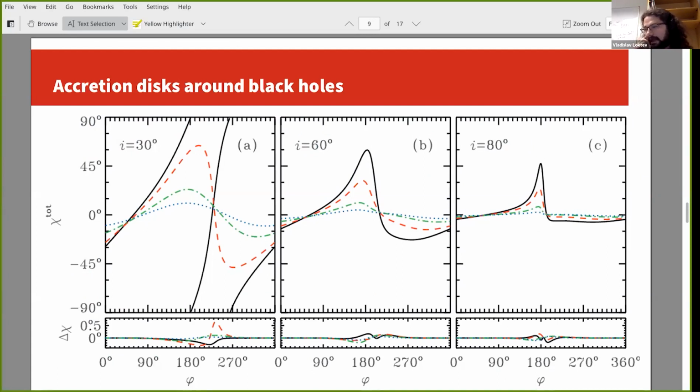They act in different directions, as you can see in the bottom panels. They act in different ways at different radii, and we expect that overall errors when computing the spectrum will be even smaller than that.